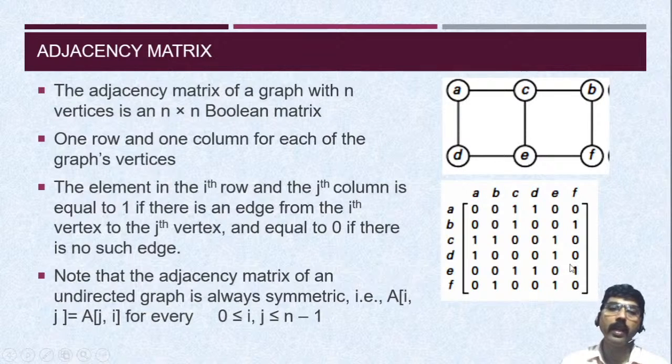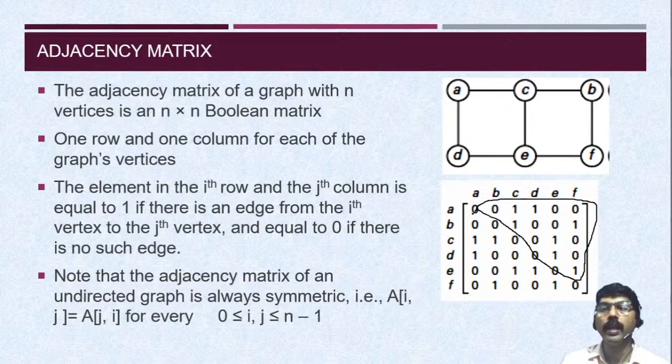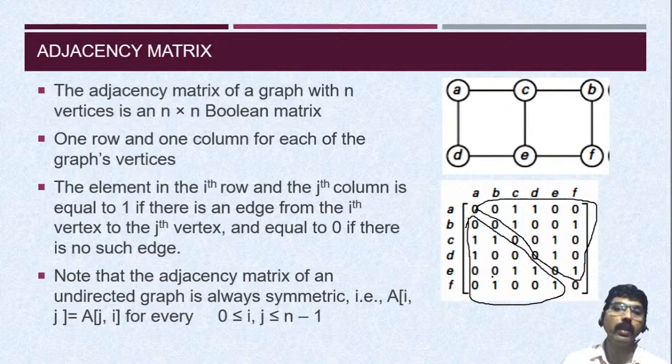What is the meaning here? If you see the values above this diagonal, they are the same as the values below it. The values above the diagonal are the same as this one. This happens in the undirected graph.